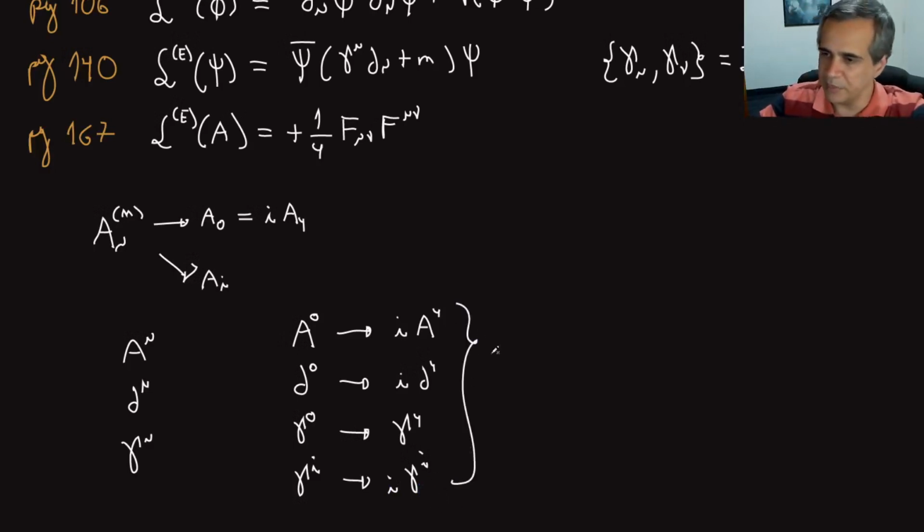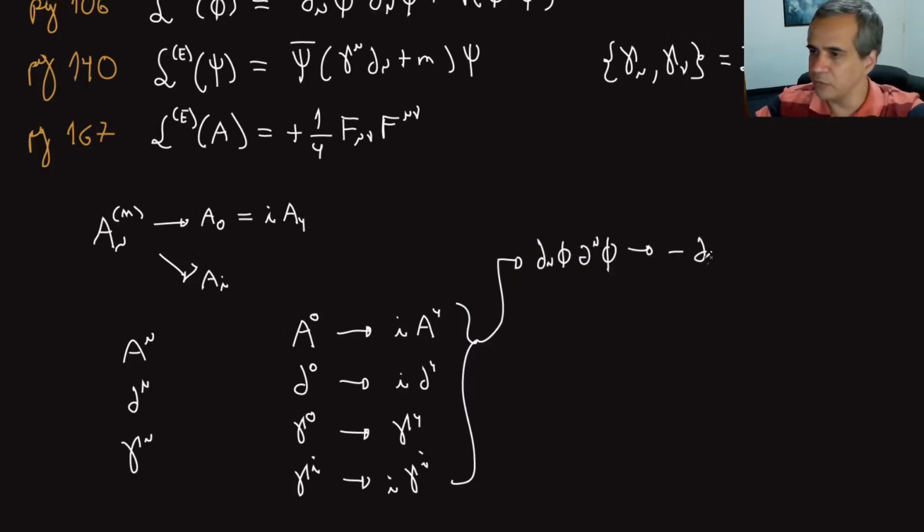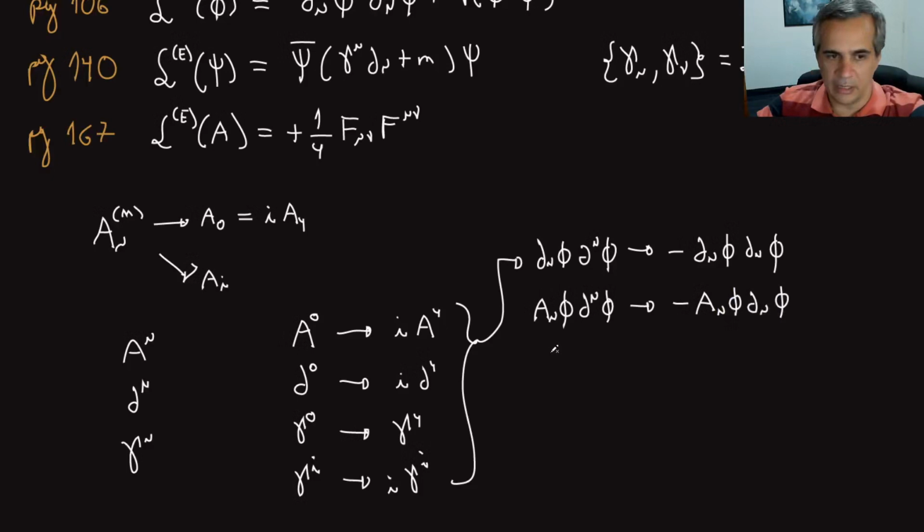That means now a bunch of things. That means that del mu phi will go into minus del mu phi, and these are already used in there. But A mu phi and del mu phi do the same, and that is also true for A mu phi.